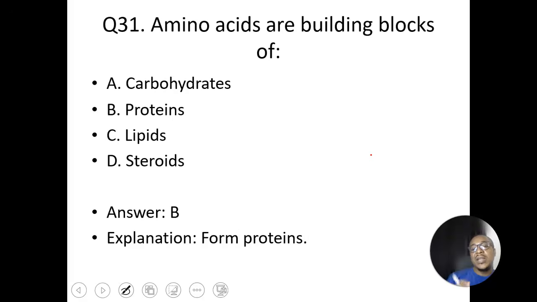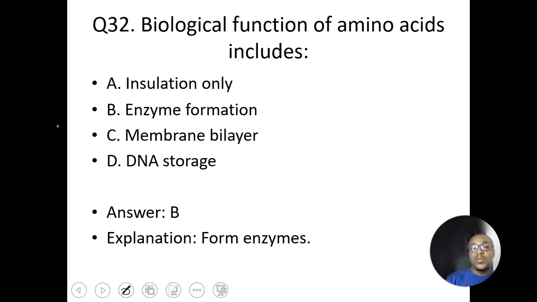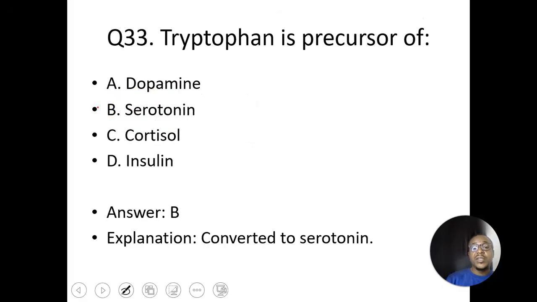Amino acids are the building blocks of proteins. The biological functions of amino acids include enzyme and protein formation. Tryptophan is a precursor of serotonin. Serotonin is 5-hydroxytryptamine.